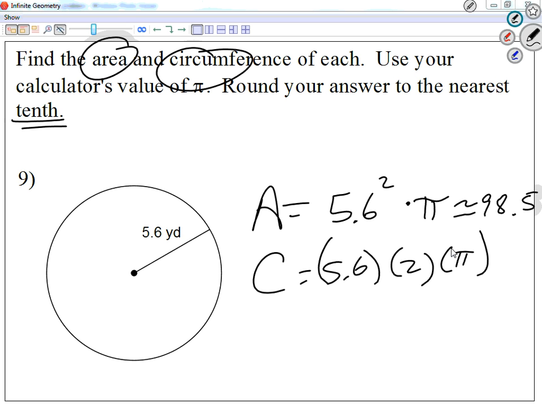So diameter times pi. I'm just gonna go 11.2 times pi. If you don't have pi, round it as 3.14. I get 35.2.